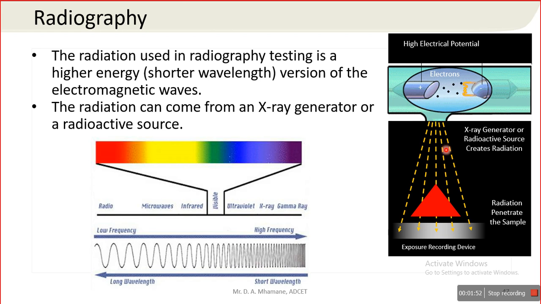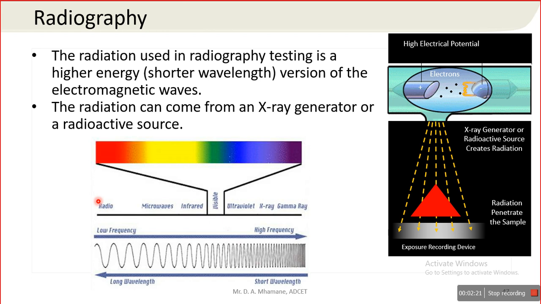Generally radiography uses a higher energy version of electromagnetic waves. The X-ray comes from an X-ray generator or radiographic source. And if you see this image, there is a range of different waves.